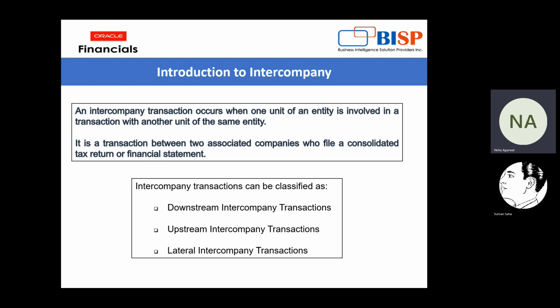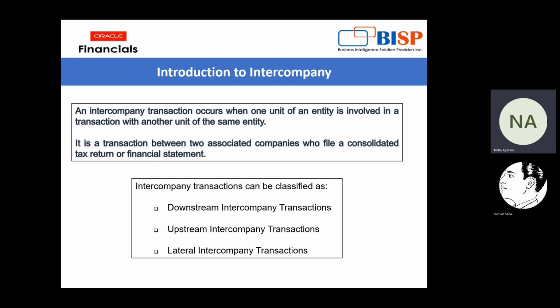An intercompany transaction occurs when one unit of an entity is involved in a transaction with another entity or the unit of the same entity or same ledger. Most of the transactions involve two unrelated entities, but an intercompany transaction occurs when two related entities transact with one another. It is a transaction between two associated companies.